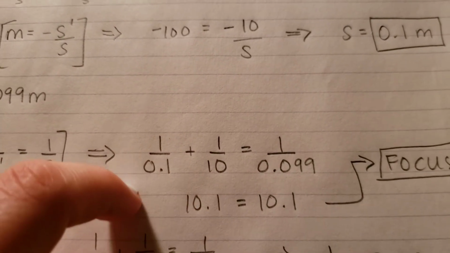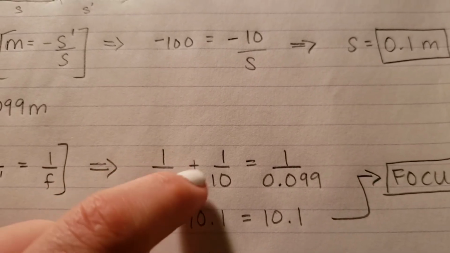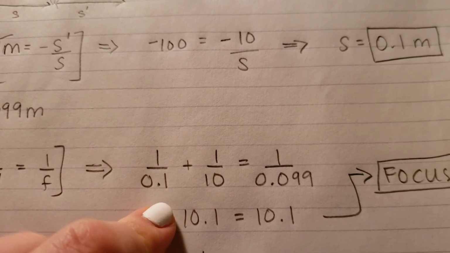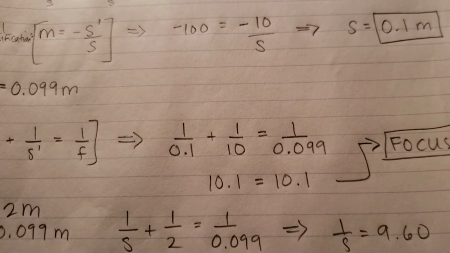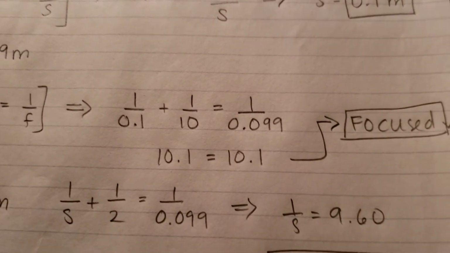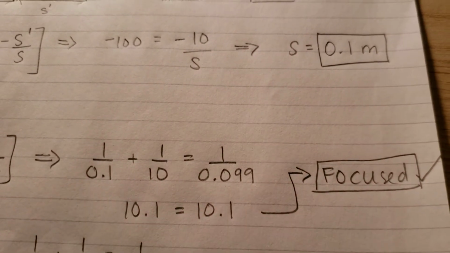So 1 over 0.01, or 0.1, plus 1 over 10 is equal to 10.1. 1 over 0.099 is equal to 10.1. So seems like, yes, the image will be in focus.